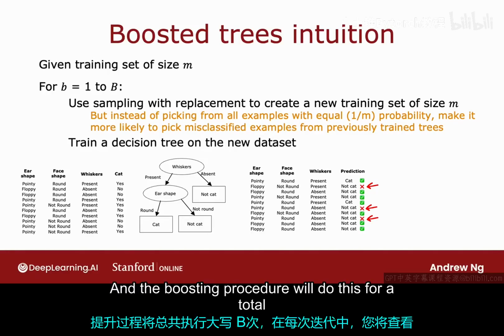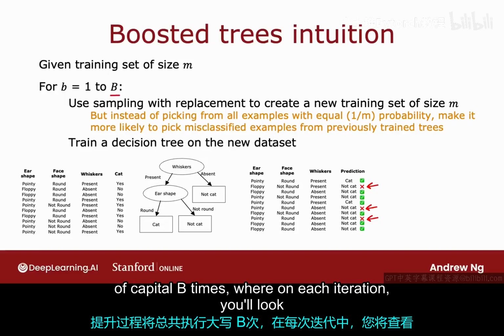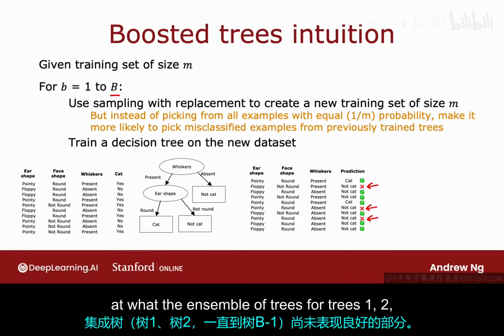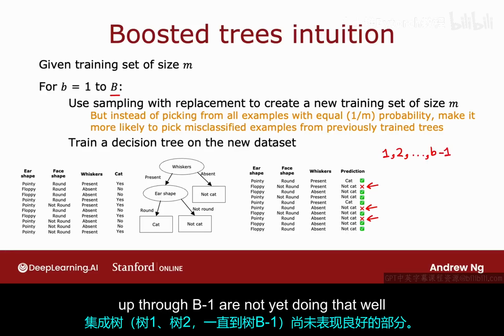And the boosting procedure will do this for a total of capital B times, where on each iteration, you'll look at what the ensemble of trees 1, 2, up through B minus 1 are not yet doing that well on.